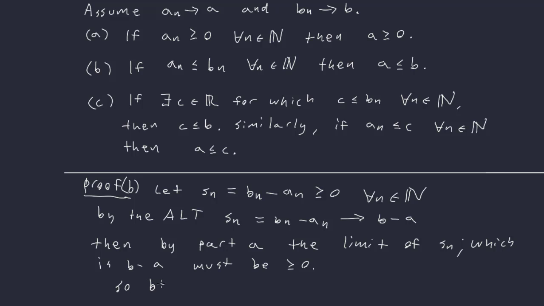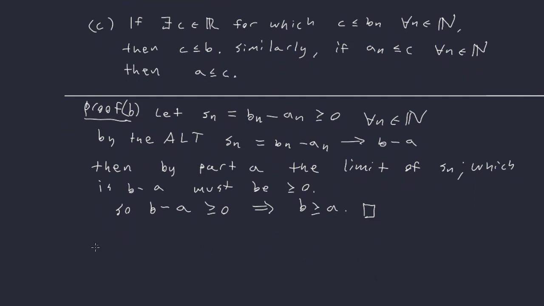So B minus A is greater than or equal to 0, implying that B is greater than or equal to A, which is what we wanted. Okay.